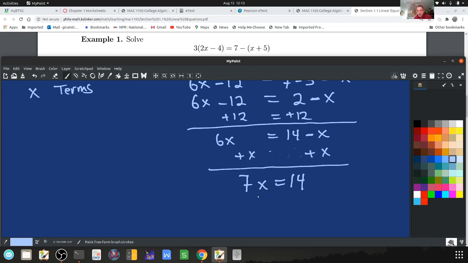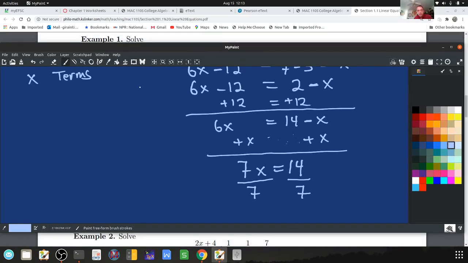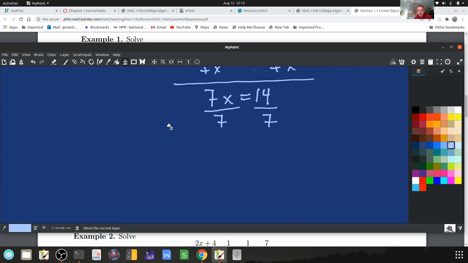So what I do is divide both sides by 7, which is the same thing as multiplying both sides by 1/7. And the final result is 7 divided by 7 times x is 1x, and that gives me x is equal to 14 divided by 7, which is 2.